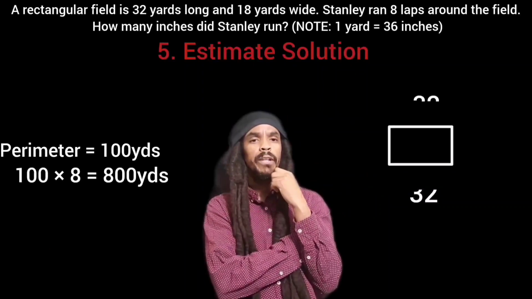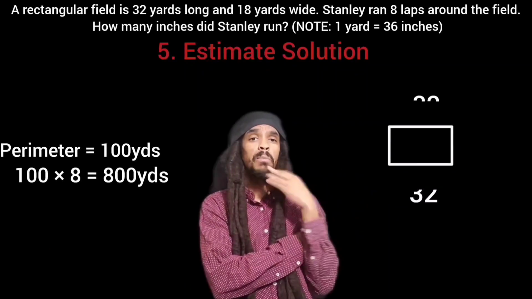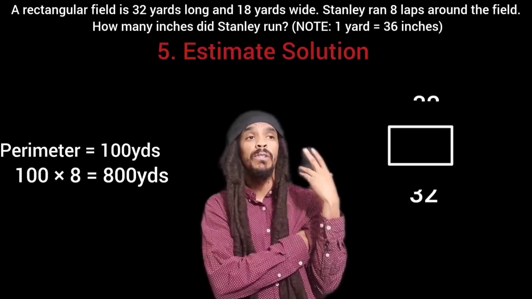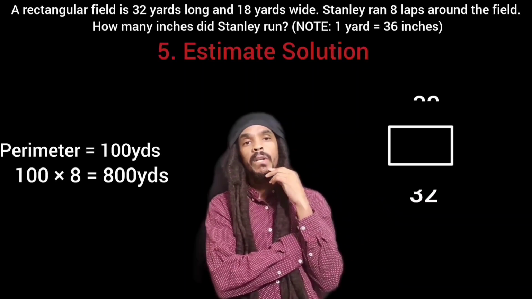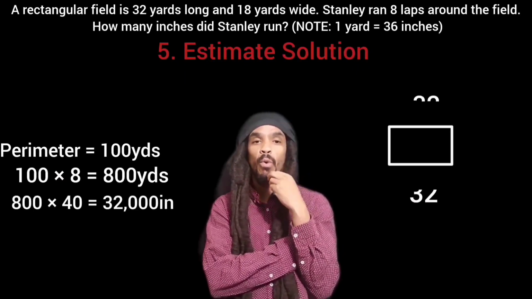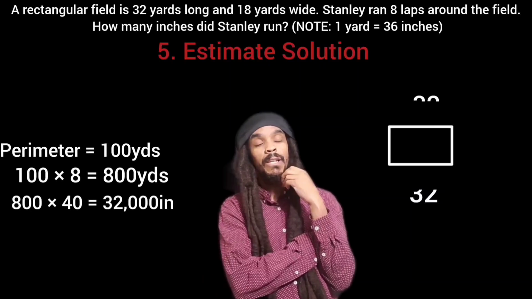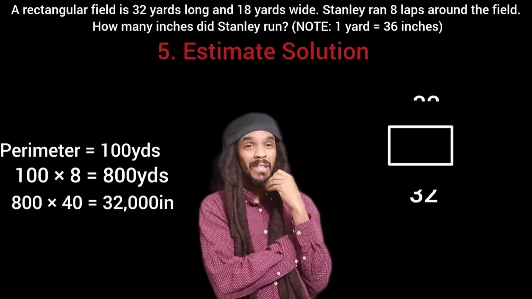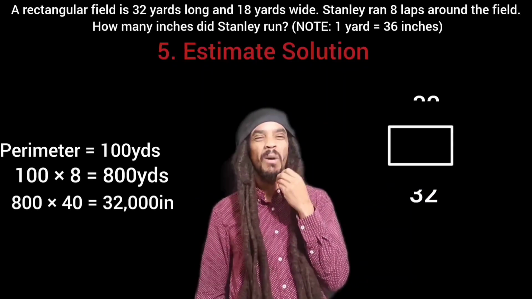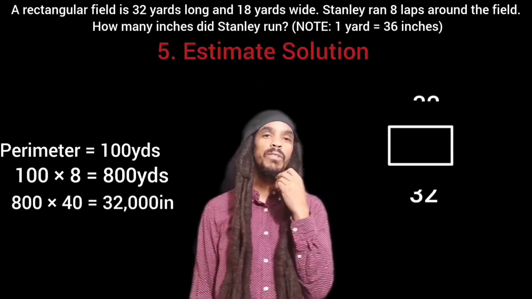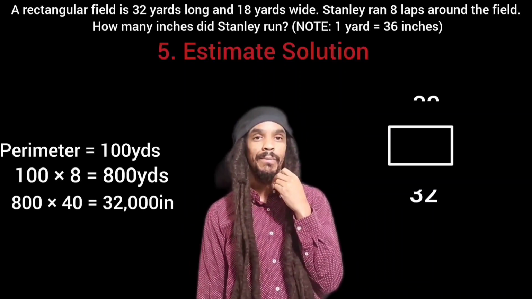Now our conversion rate is 36, but we're just trying to get an estimate. So I'm going to round that 36 to 40, okay? So 800 times 40 is going to give you 32,000. Our answer should be somewhere around 32,000 inches, all right?